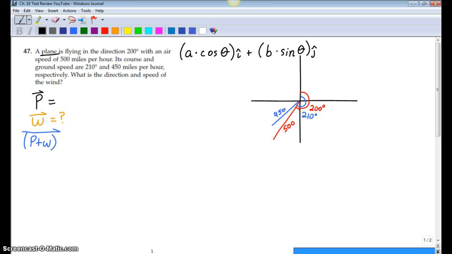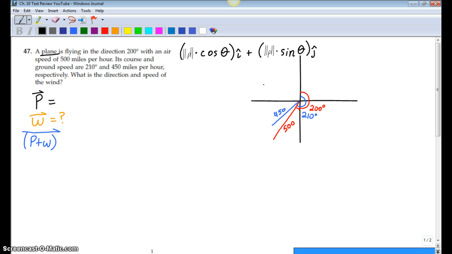And actually, instead of using A and B here, what I'm going to do is call these the magnitude of P. So in order to create the vector P in its component form, the i hat and j hat components, we're going to have to do the magnitude of it times cosine theta and magnitude sine theta.